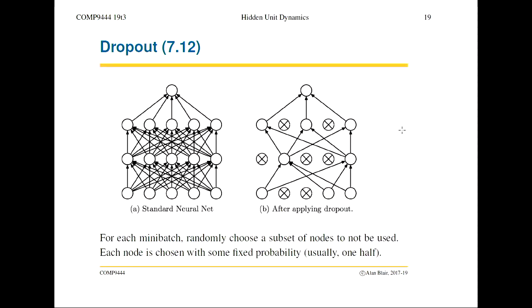The network becomes more resilient, like it can't rely completely on a particular node because that node might be absent. So whatever job was done by the node that got dropped out, other nodes have to duplicate to some extent the information provided by that node. So you've got kind of redundancy there.